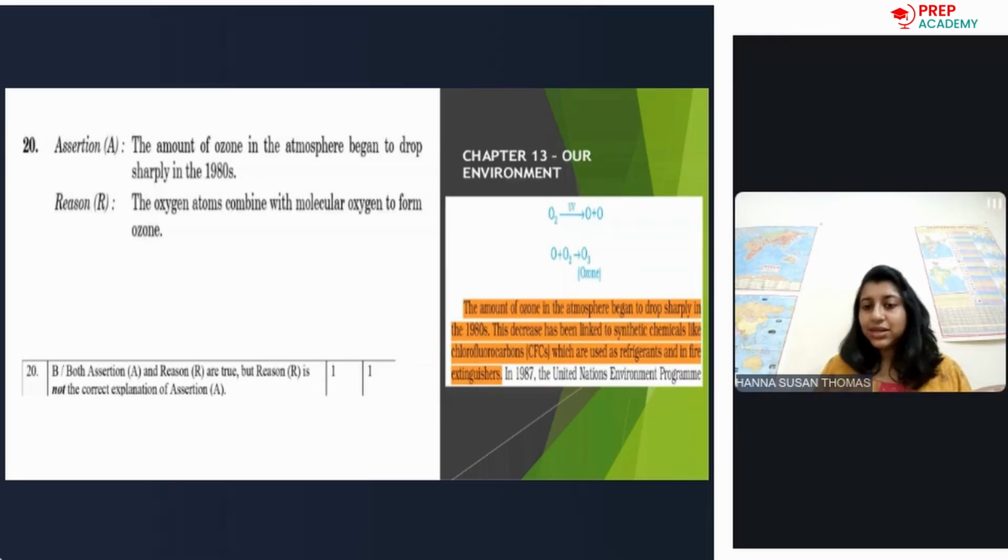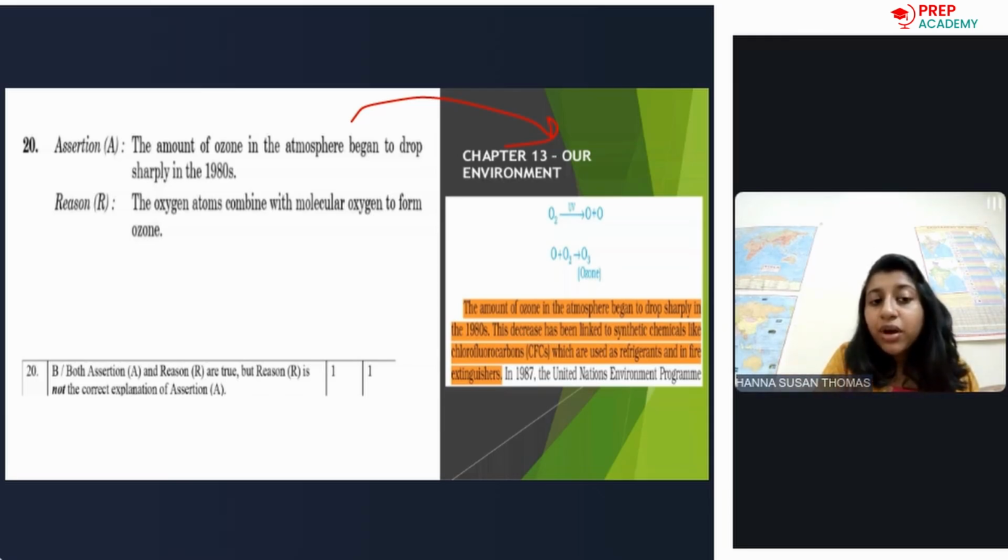Then comes the next assertion reason question, taken from chapter 13, Our Environment. Once again, let's take each statement individually. Assertion: the amount of ozone in the atmosphere began to drop sharply in the 1980s.